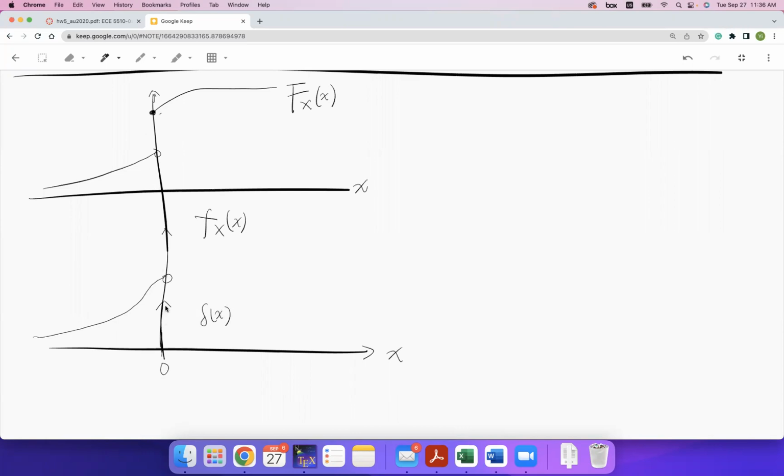And this impulse must be scaled by how much you jump at this point. This actually corresponds to the probability that this random variable takes the value of 0. So we will scale this impulse by such a probability.